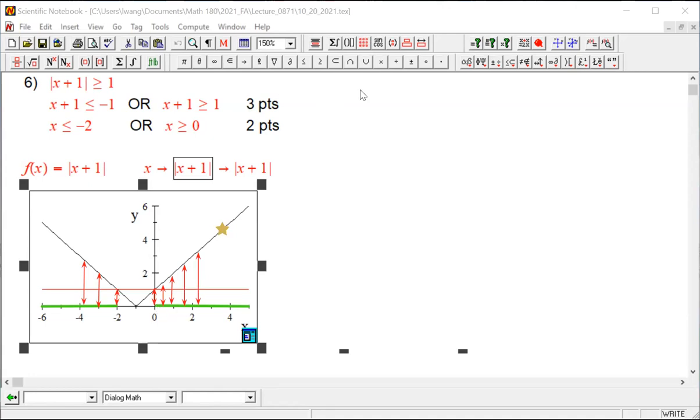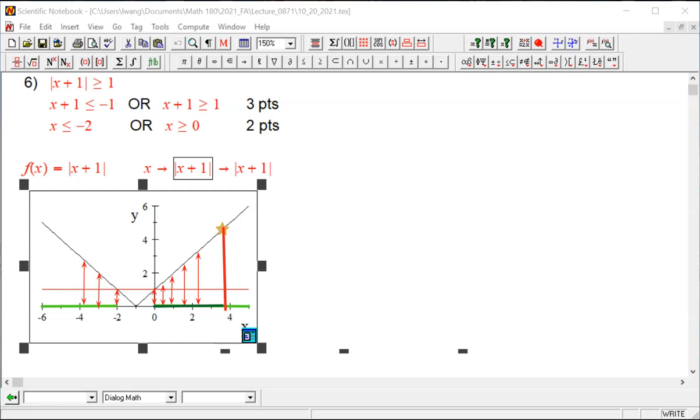I'm going to use a thicker green. That's the input. Input is a horizontal measurement from the origin, and the output is that. And we want the output to be larger than 1 or equal to 1. Does that make sense? Yes. That's the V shape.